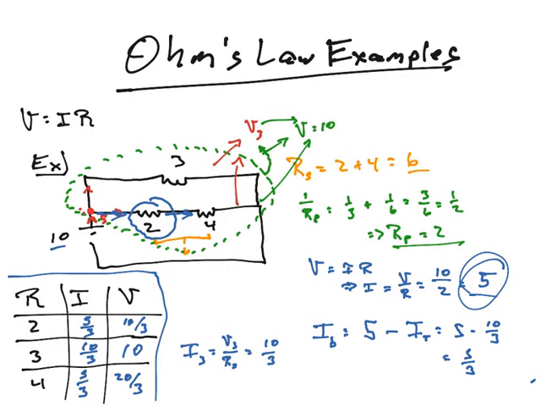So all I got to do is take the total minus the amount that went to the top. That gives me how much goes to the bottom. And so I fill that in. Once I have that, then I just do V equals IR for them. And I got my answers. So it's a whole bunch of little bitty steps, but all the steps are easy. It's just a matter of putting them together.